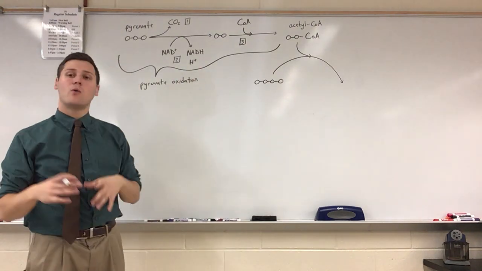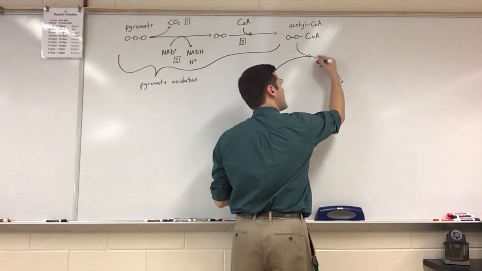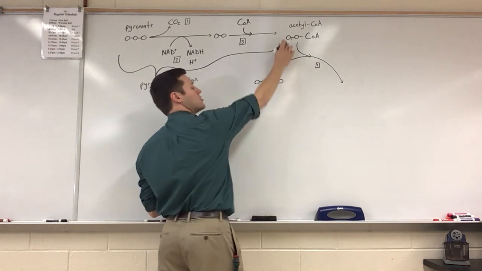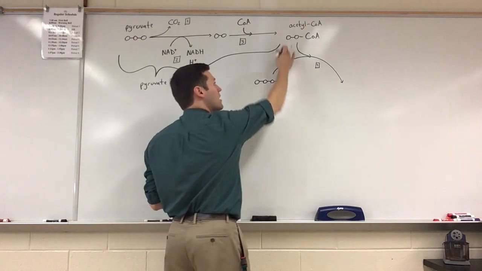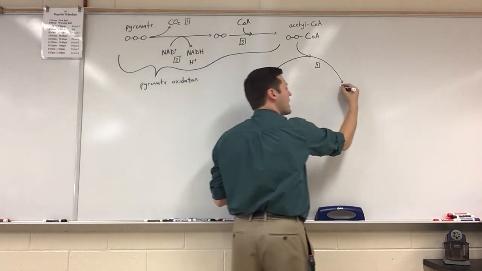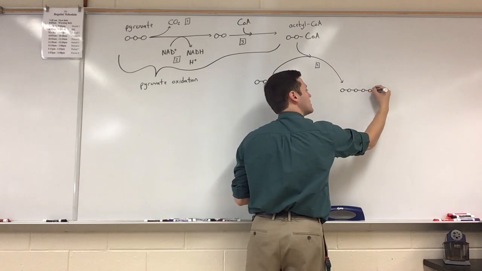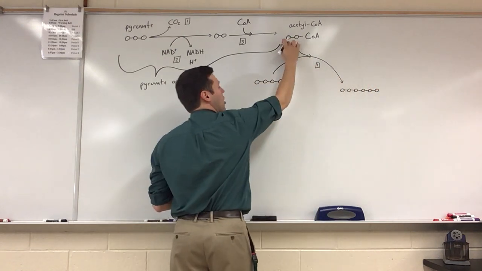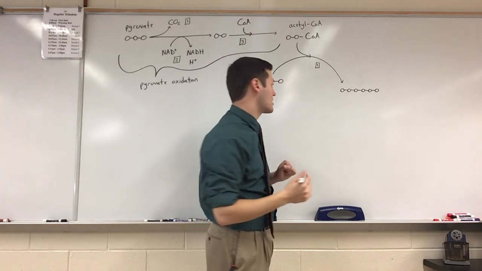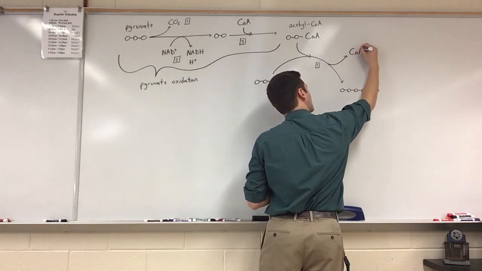Now I want to start over with the steps, because now we're entering the Krebs cycle. This step is going to be step 1 of the Krebs cycle, where the 2-carbon acetyl-CoA is pulled into the Krebs cycle. We generate a 6-carbon molecule in the process, because we add these 2 carbons to these 4 carbons, generating a 6-carbon molecule, and CoA is kicked off in the process.